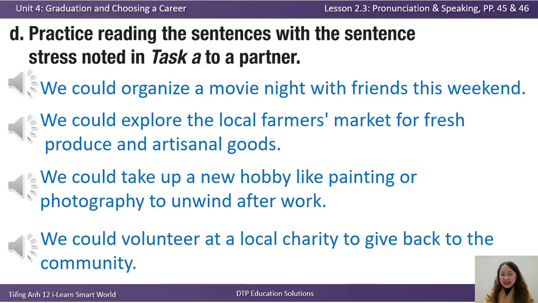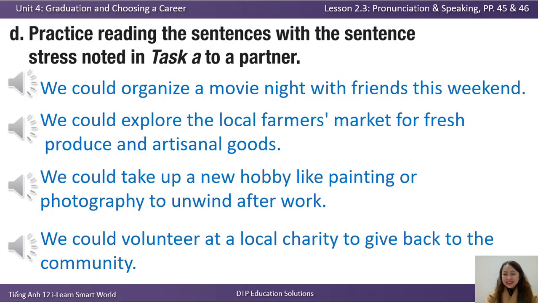In this activity, you will practice reading sentences aloud to your partner. Remember to stretch the word could to highlight the certainty or possibility of the suggestion. Let's listen to the audio together first to hear how the sentences should be read. In the audio, notice where the stress is placed on the word could.